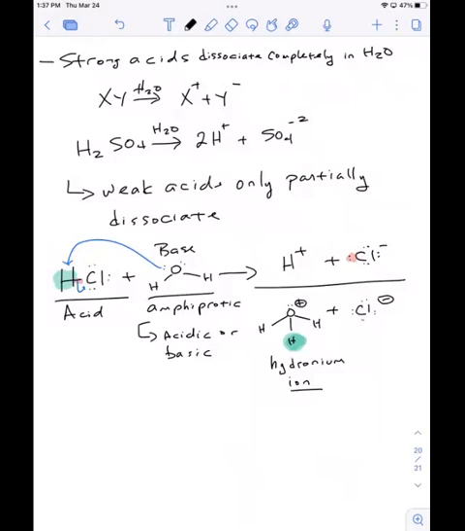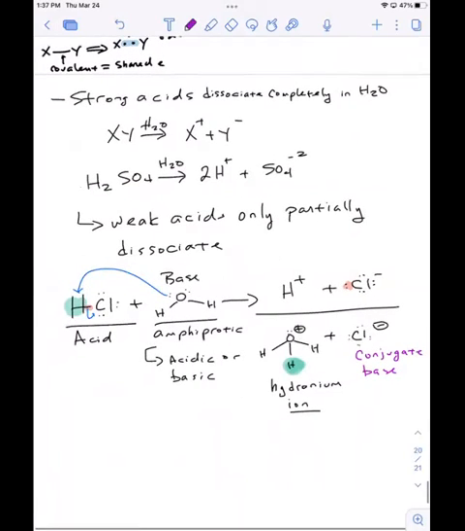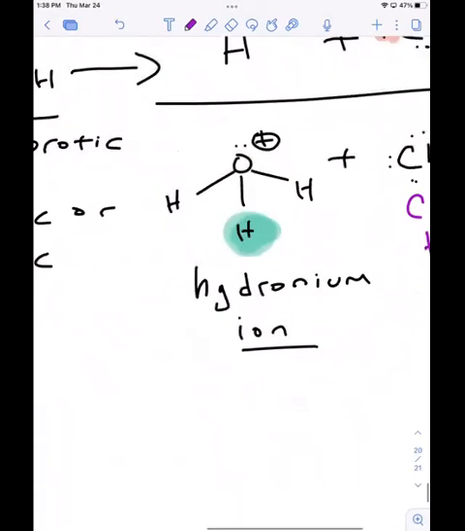Which one of those is the conjugate base? It's going to be this one. The conjugate base is always what's left over after the acid transfers that proton from itself. And by default, the base on the left side of the arrow, when it picks up a proton, becomes the conjugate acid.